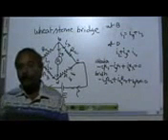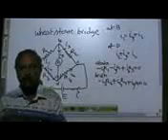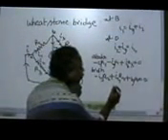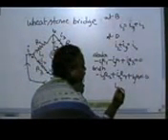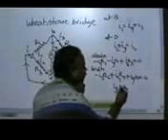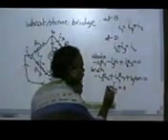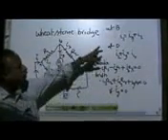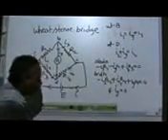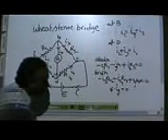So therefore, when we apply this balancing condition, that Ig is equal to 0, just look at these equations, how the equations are going to be modified.